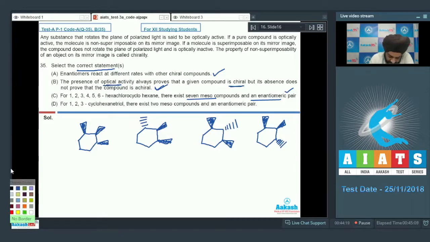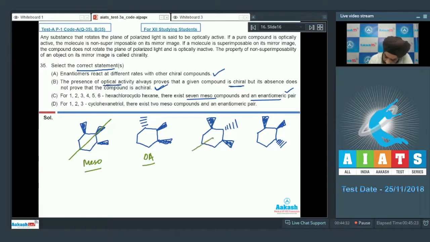Now, if you look at these structures, we can see that the first compound has a plane of symmetry. It is a meso compound. The second structure does not have a plane of symmetry. It is optically active. The third also has a plane of symmetry. It is a meso compound as well. And the fourth structure also does not have a plane of symmetry or a center of symmetry. So it is optically active as well.